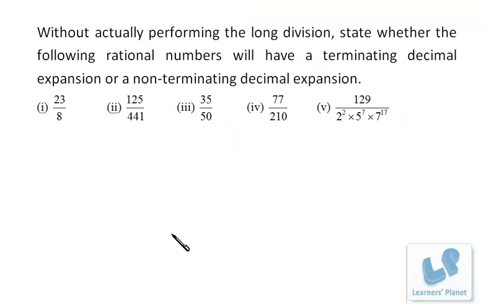Now friends, the next pattern of question is, without actual performing the long division, state whether the following rational numbers will have terminating decimal expansion or a non-terminating decimal expansion.